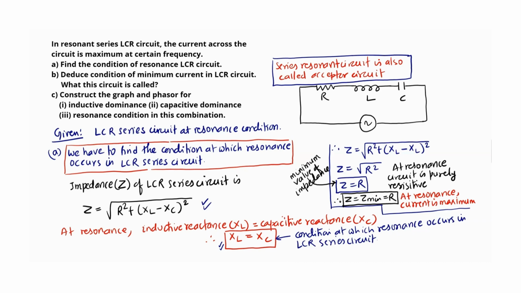So next, B, condition for minimum current in an LCR circuit. That is in an LCR series circuit, since we have a series circuit given in the question.